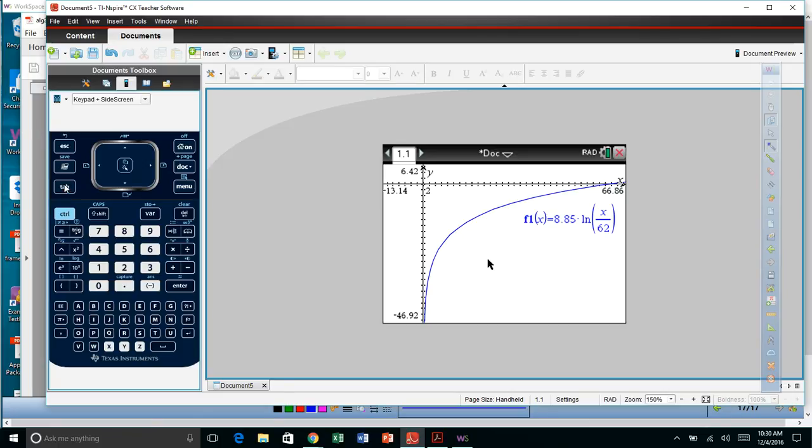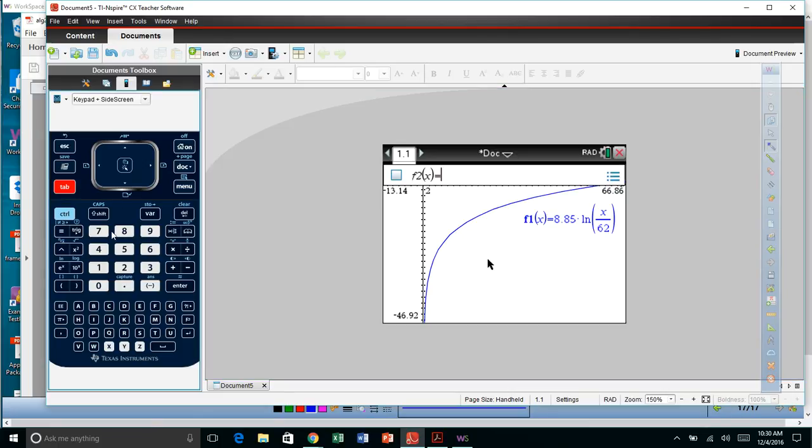Okay, let's graph the other one. And so let's press tab here, and then we've got negative 35.6 plus 8.66 natural log of x.